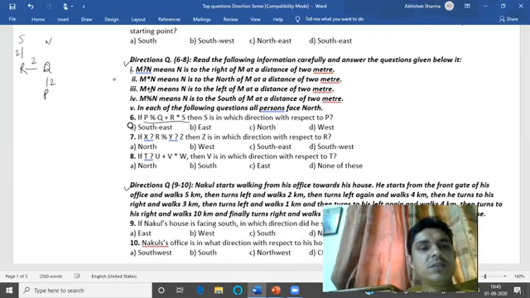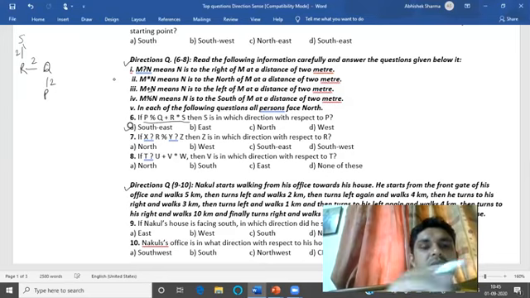North, south, east, west. So S will be in the southeast direction, right? So the answer will be the first option, southeast.